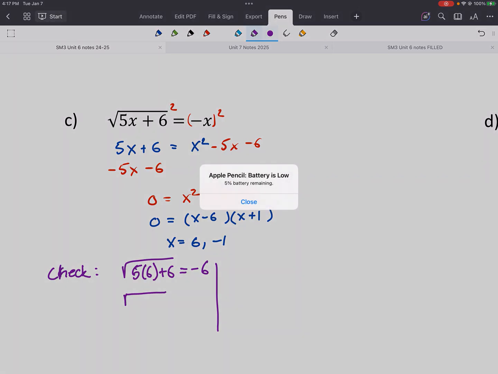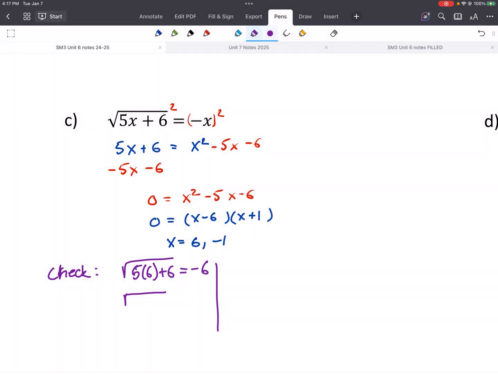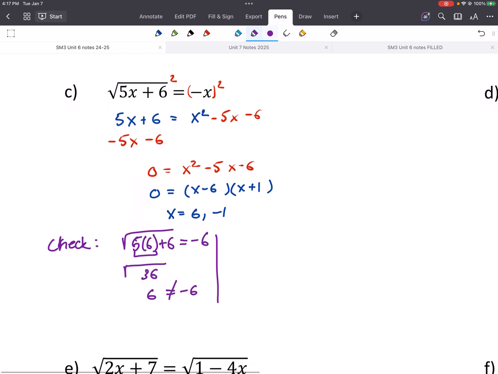So this would be, oh boy, this would be 30 plus 6 is 36. And so we'd end up getting 6 equals negative 6. So is that a valid solution? No. So 6 is an extraneous solution.